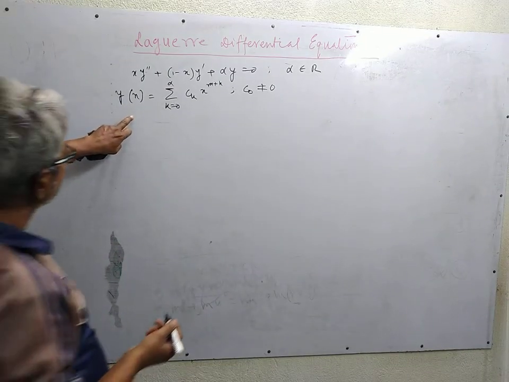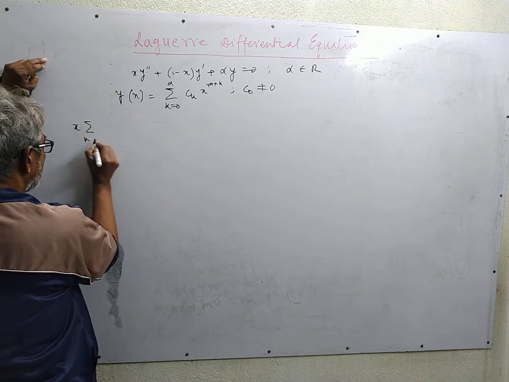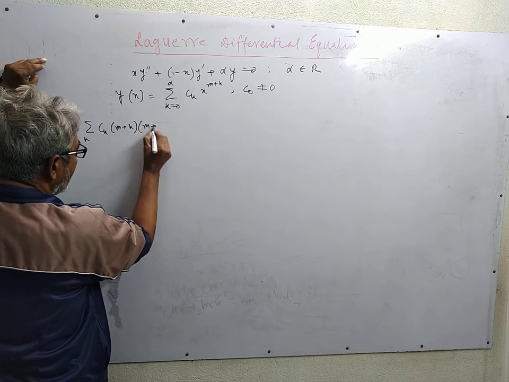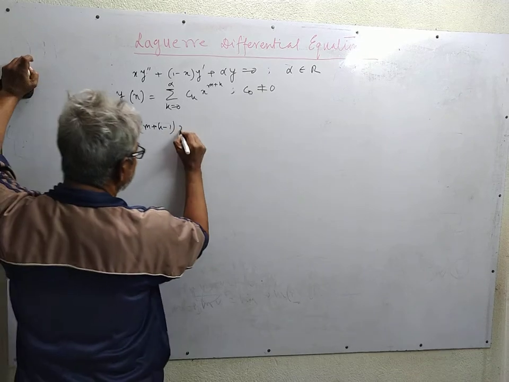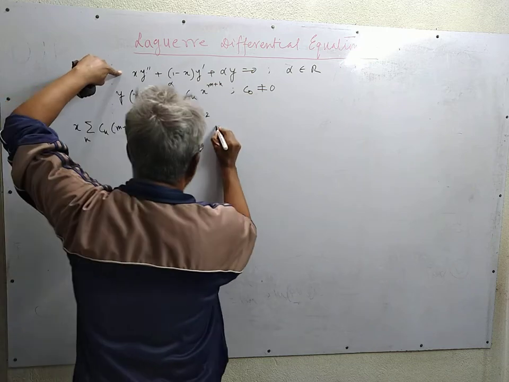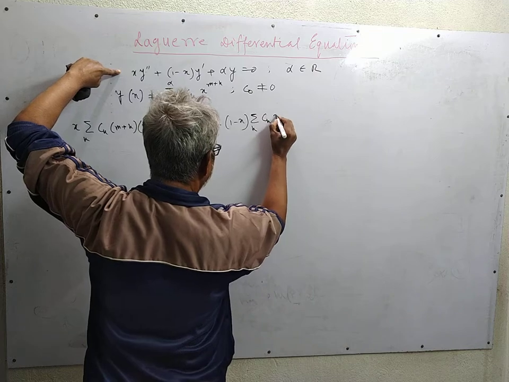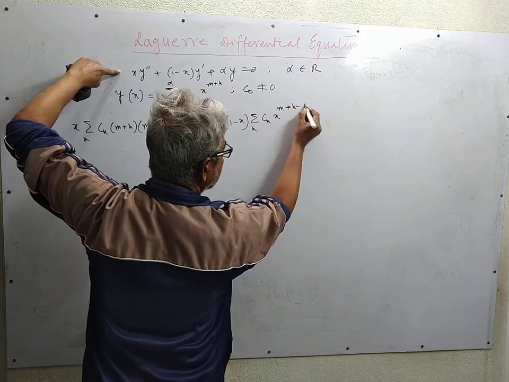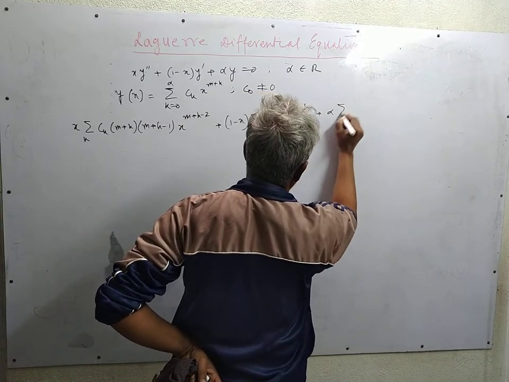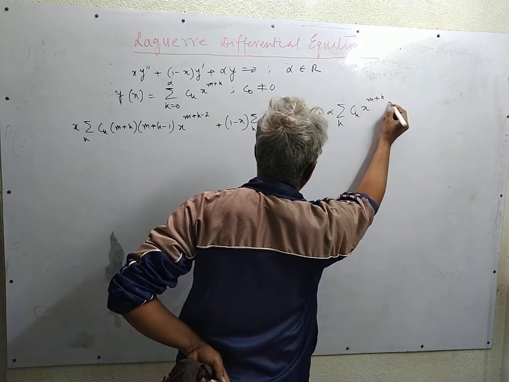We then plug this into the equation and get x summation over k c k m plus k times m plus k minus 1 x to the power m plus k minus 2 from this term, plus 1 minus x summation over k c k m plus k x to the power m plus k minus 1, this is from this term, and then alpha summation over k c k x to the power m plus k is equal to 0.